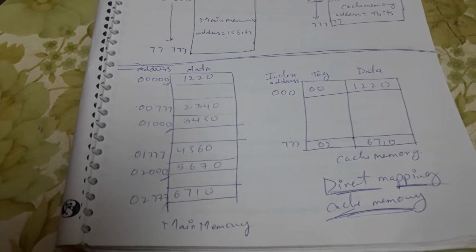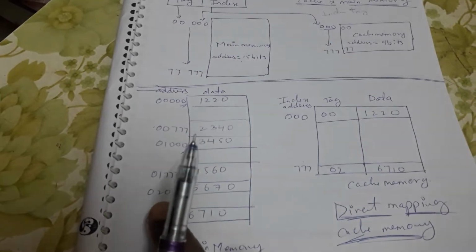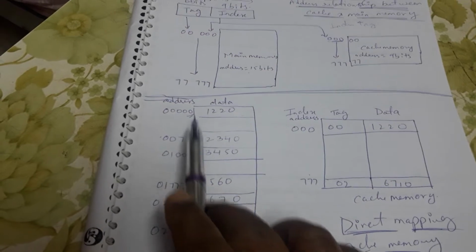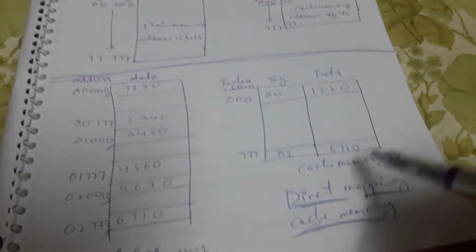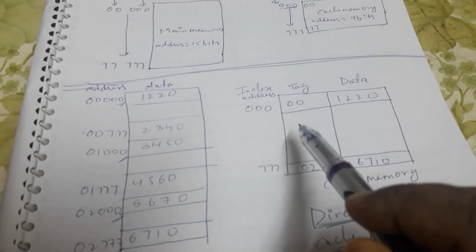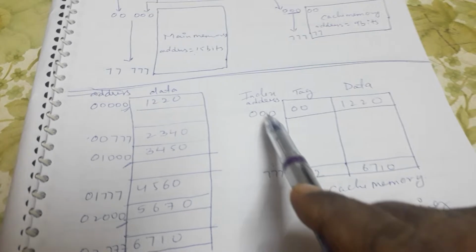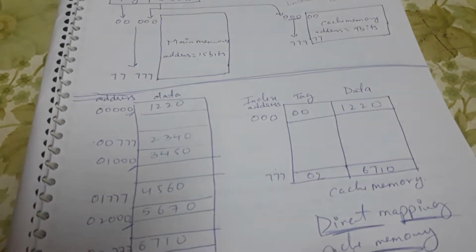So if we copy these 3 addresses into the cache memory, and a CPU address is being searched, we will have 3 index values which are the same.